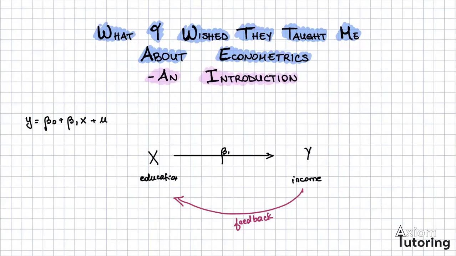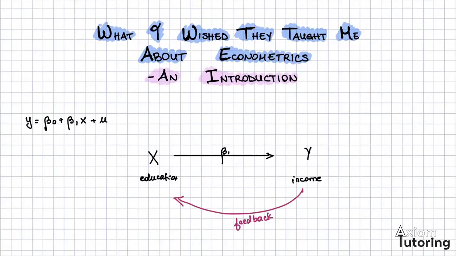Now, this is why at this stage we have a diagram with two arrows. One for the causal effect that we want. This is the beta 1 we want to estimate. And the other one is for the feedback that we don't actually want. And the problem is these two, OLS cannot separate them.